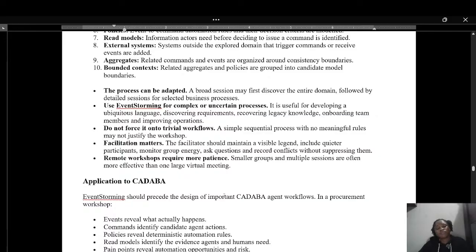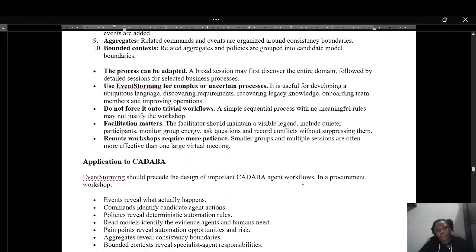Instead of putting like 50 people together in one team meeting, you can create breakout rooms, or group the meeting into like five teams, where each subgroup goes to a specific business subdomain to gather requirements, and then they come together again and combine everything. So small groups and multiple sessions are often more effective than one large virtual meeting.